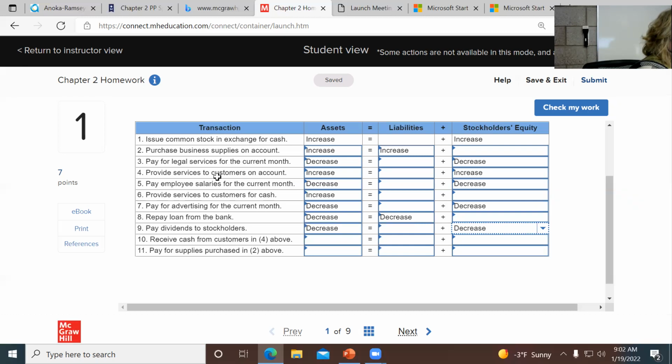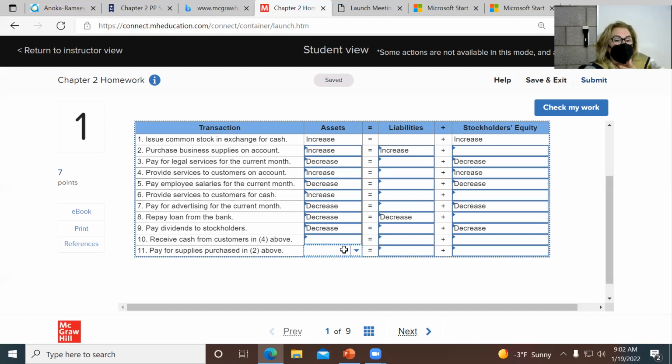What's an account that went up? Cash went up. What went down? Accounts receivable. Isn't accounts receivable also an asset? So cash went up, accounts receivable went down. Did anything increase or decrease? No, we're going to leave that blank.